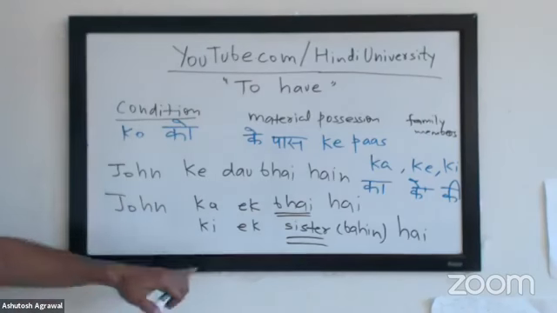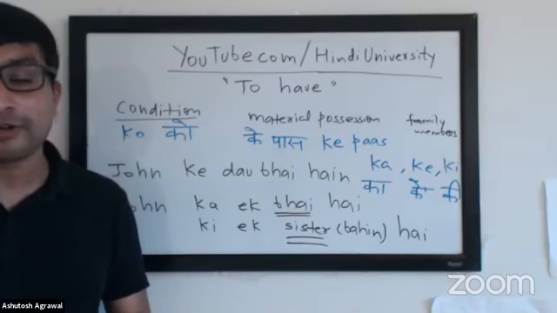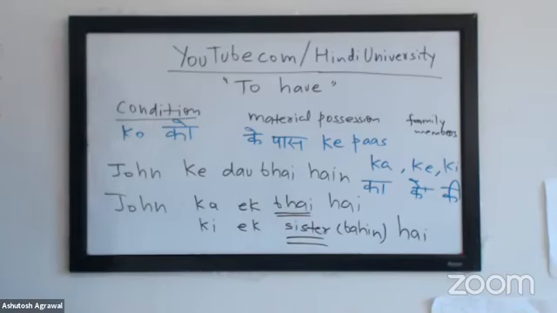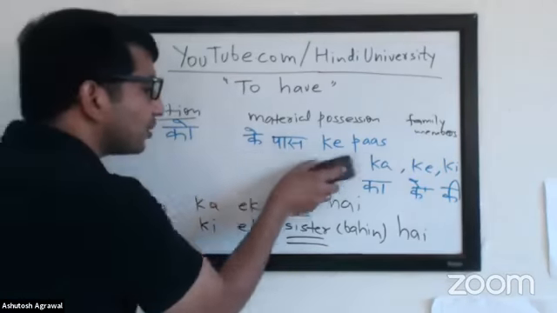I don't typically write ek quite often. I omit it. But you are right. It implies here, you don't really have to write ek here. John ka bhai hai or John ki behan hai. Thank you. Yeah.